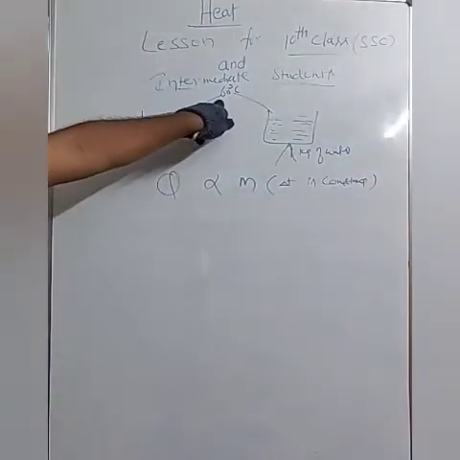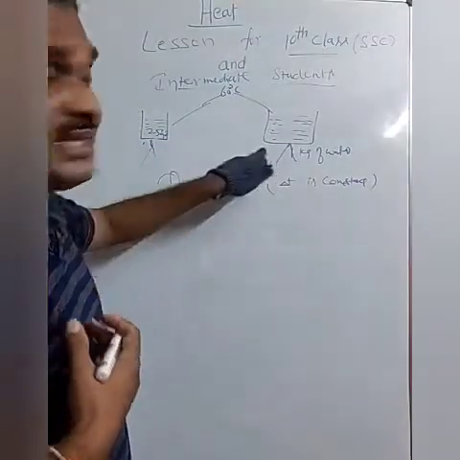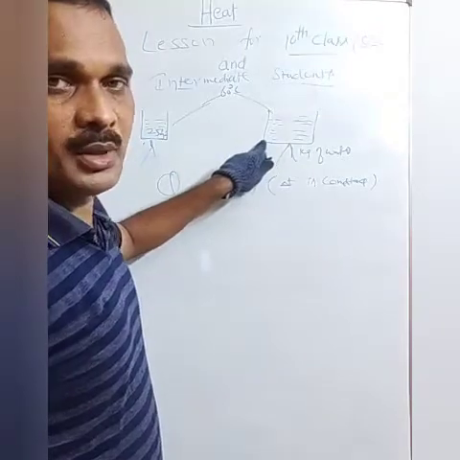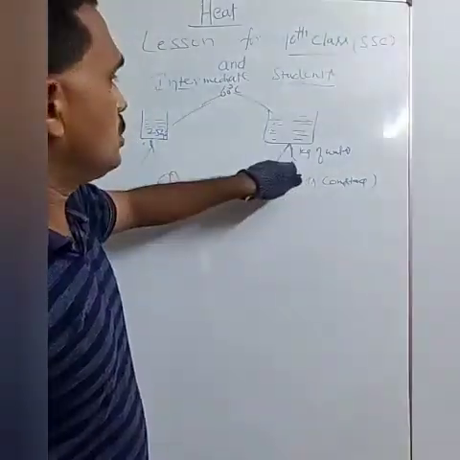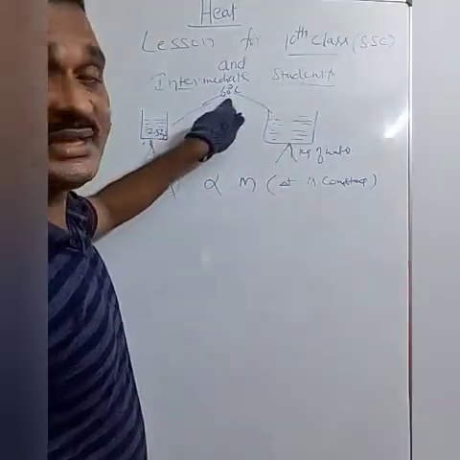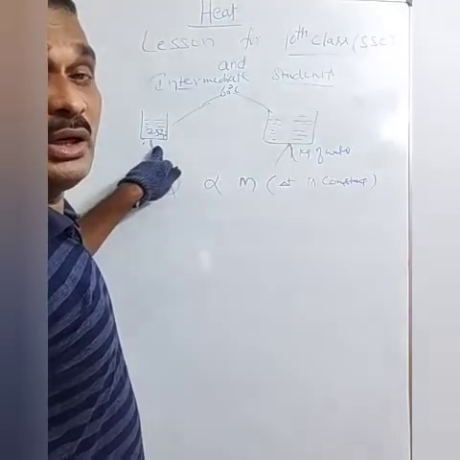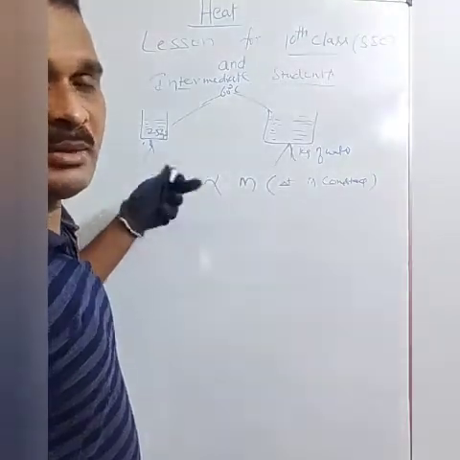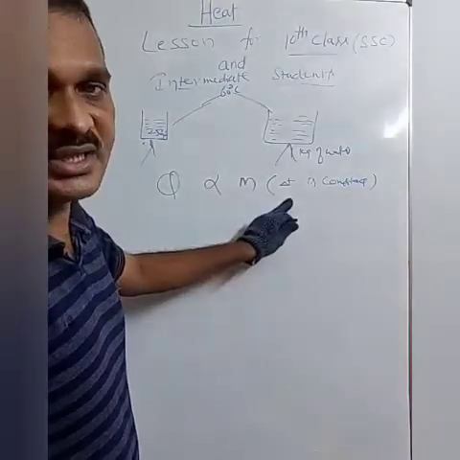This one is 250 grams and this is 1 kg, 1000 grams. The 1 kg needs more heat to reach 60 degrees, while the 250 grams requires less heat. That means Q is directly proportional to mass when temperature is constant.